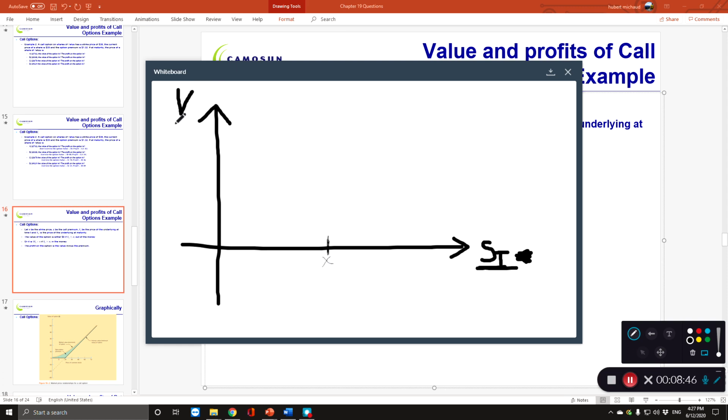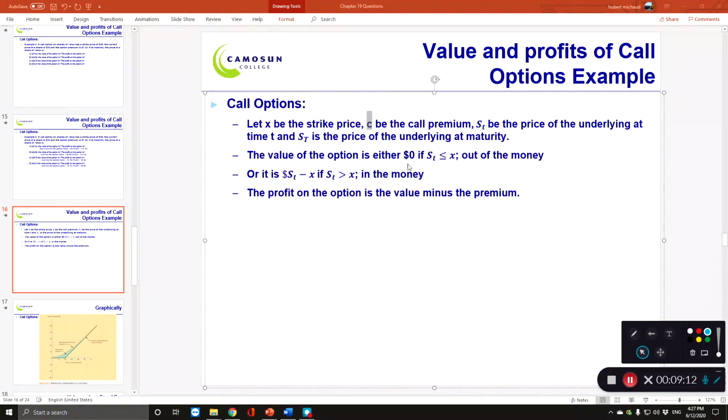Okay. If we try to graph the value of the option as a function of ST, how does the value of the option change as the value of ST changes? The idea here is pretty much what we did before in these 2 examples up here, right? If ST is smaller or equal to X, what is the value of the option?